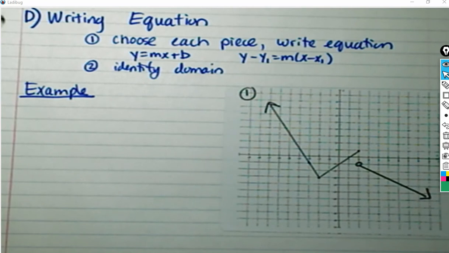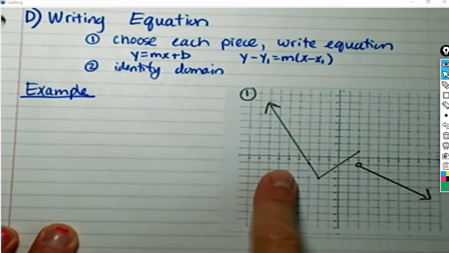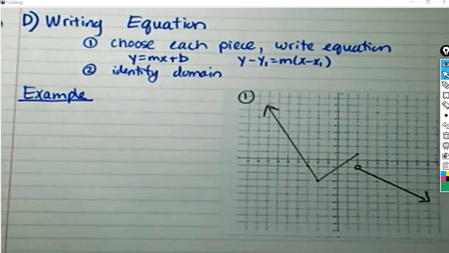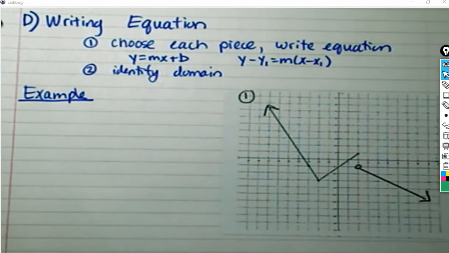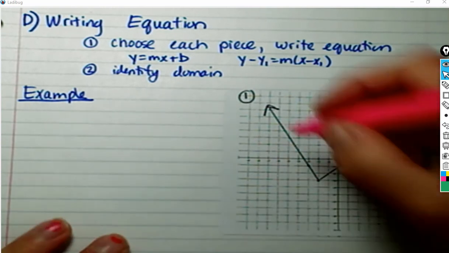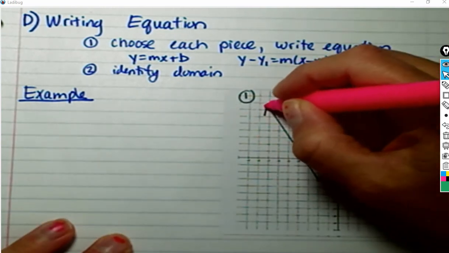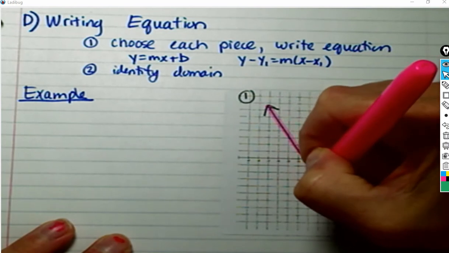Okay. Choose each piece. I see 3 pieces. So I'm just going to highlight, just for the colors. You could just outline in a pen, or you could put a little number 1, 2, 3 next to each.